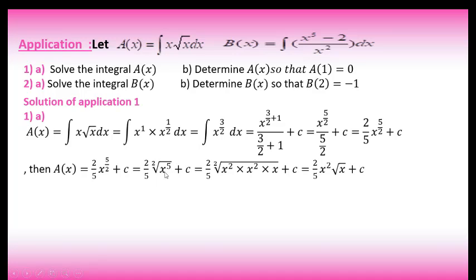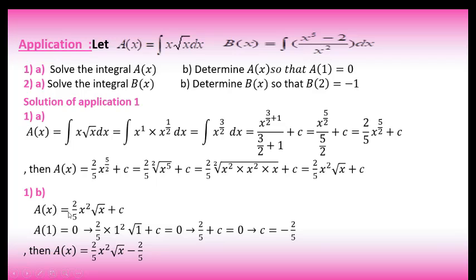Now x power 5 can be viewed as x squared times x squared times x. x squared is repeated 2 times under the radical, so it is written outside the radical: 2 over 5 x squared radical x plus c. Now, a of x equals 2 over 5 x squared radical x plus c.